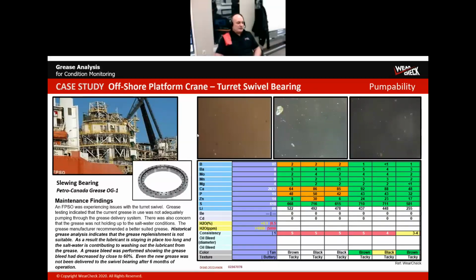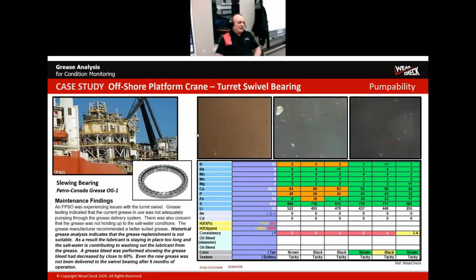And the texture, which is supposed to be a buttery grease, this OG1 grease from Petro-Canada, was consistently tacky. We did an oil bleed on one of these samples and found that the grease bleed had decreased by up to 60%. So the concern was that the grease itself is not holding up to the saltwater conditions.